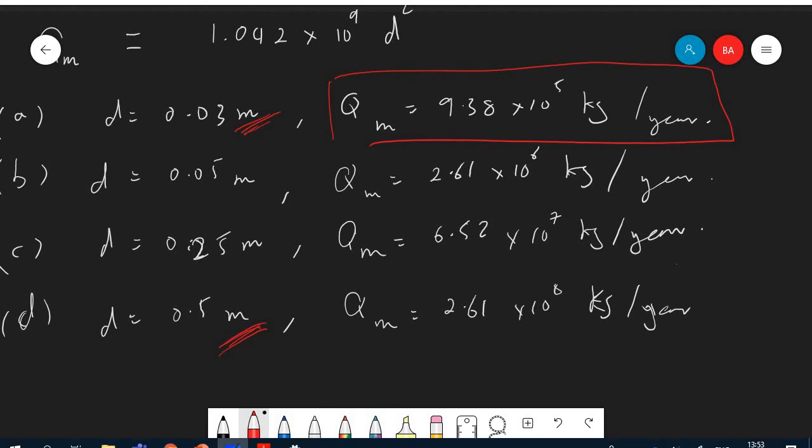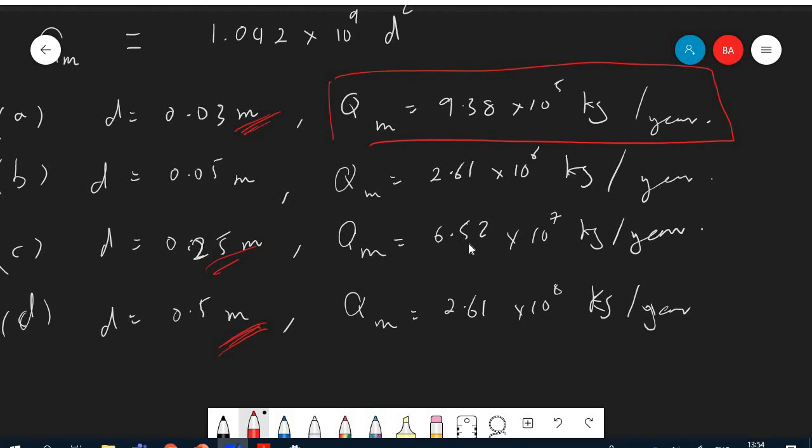Even if you consider going from 0.03 meters to 0.25, which is about 10 times bigger, how much bigger is the amount? It takes a big amount here, but it is not that different either. It's about 10 to the power 7 per year.